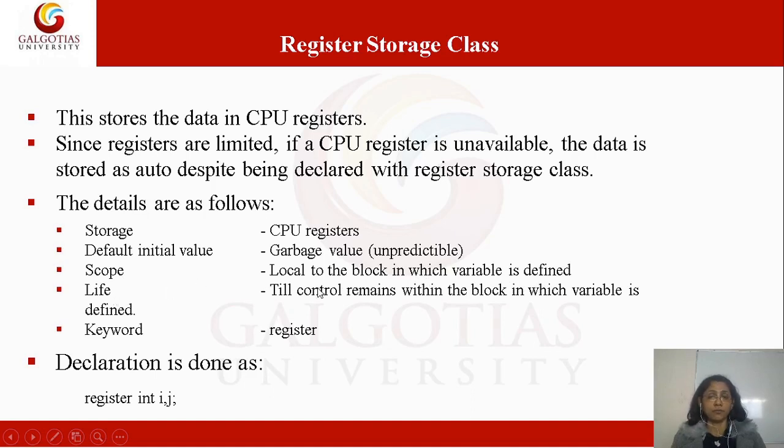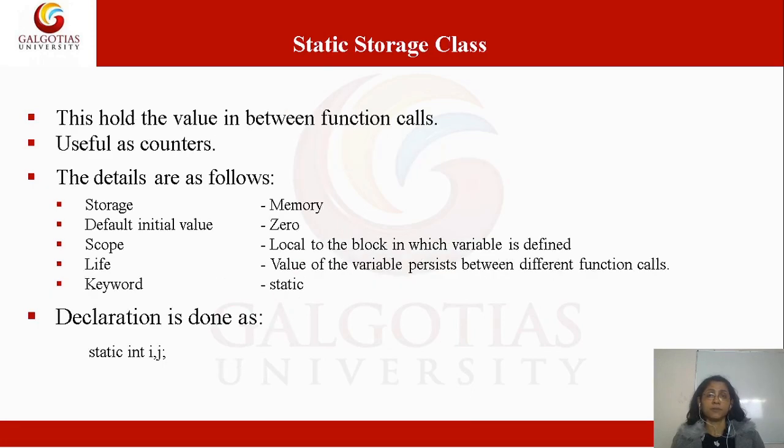Similarly, the lifetime is till the control remains within the block in which the variable is defined, same as auto, and the keyword is register. Therefore, in this example, i and j will be variables whose storage class will be register.